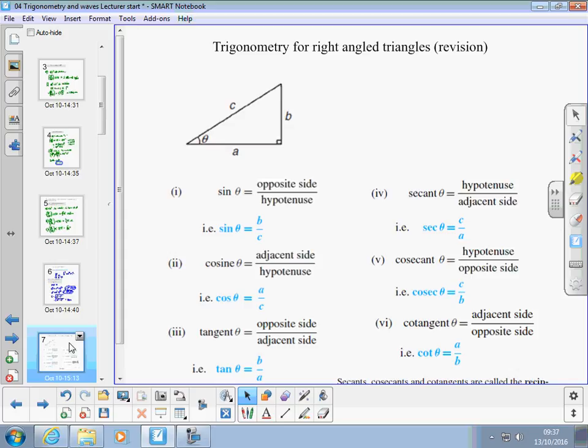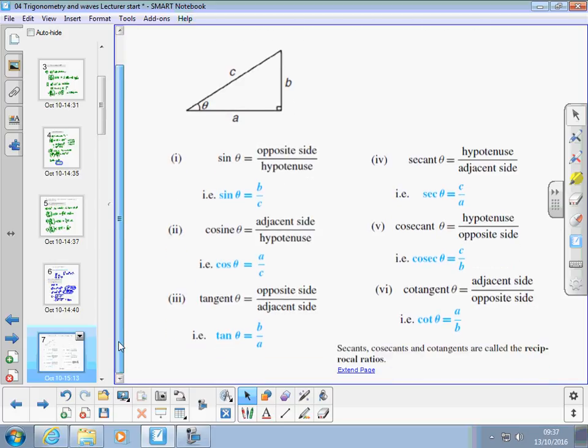So, trigonometry for right angle triangles. On this page, because we're doing maths, I'm including the inverse ratios as well. In engineering, in the course we're doing, you aren't going to come across secant, cosecant and cotangent a great deal, but they can be useful, so they're in here for completeness.